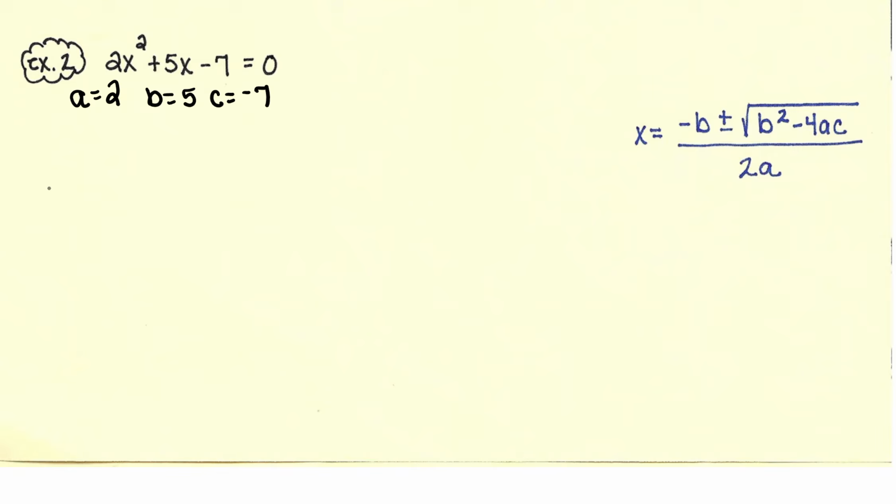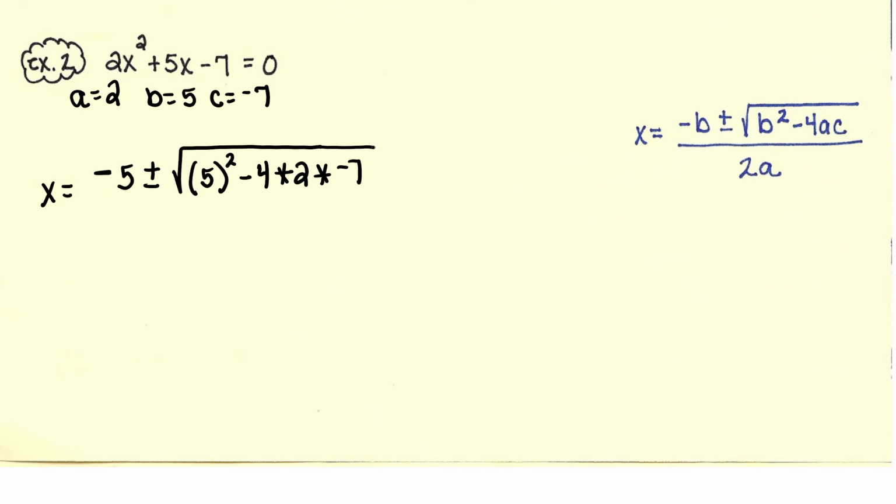So here we go. x equals negative b, which is 5, plus or minus the square root of b, which is 5 squared, minus 4 times a, which is 2, times c, which is negative 7, all over 2 times a, or 2 times 2.